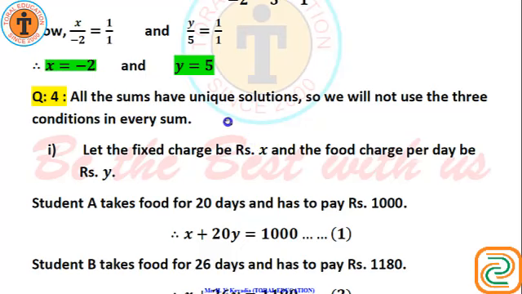Otherwise we will have to check a1 upon a2, b1 upon b2 and c1 upon c2. If they satisfy the condition a1 upon a2 is not equal to b1 upon b2, then they have a unique solution, right? If you are asked in the examination, you will have to check a1 upon a2 is not equal to b1 upon b2. Yes. So the first one is, I am reading the question.